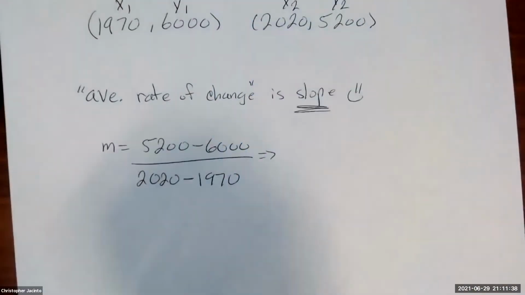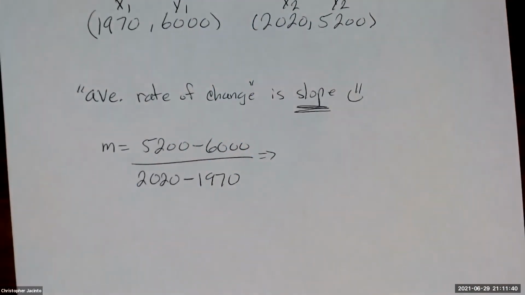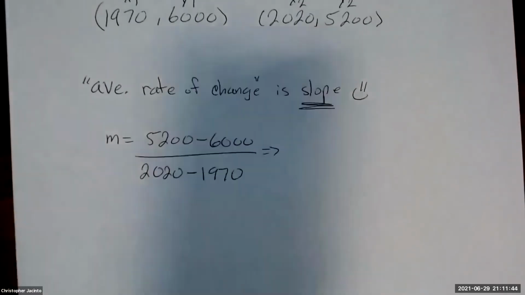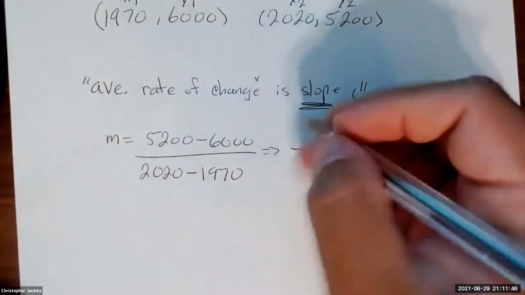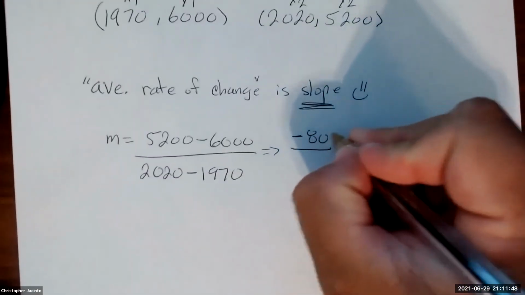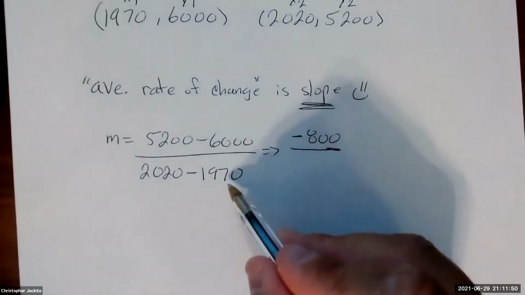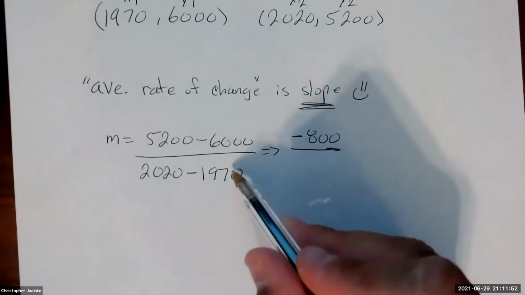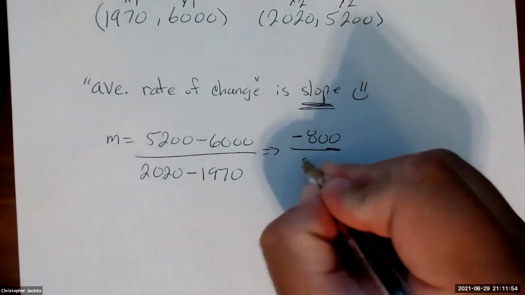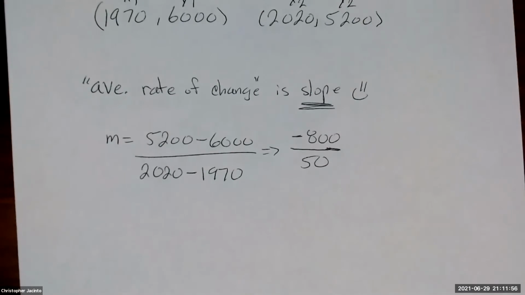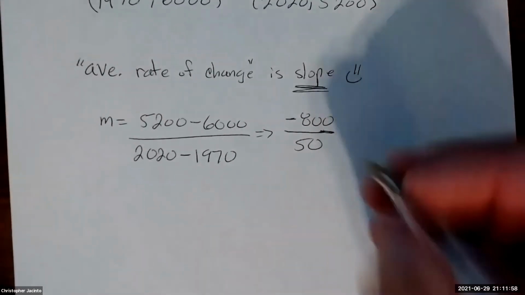I'm pretty sure I have to pop out a calculator for these. These are pretty big numbers, but still doable. I think this is a negative 800 at the top, and this is going to be 50.